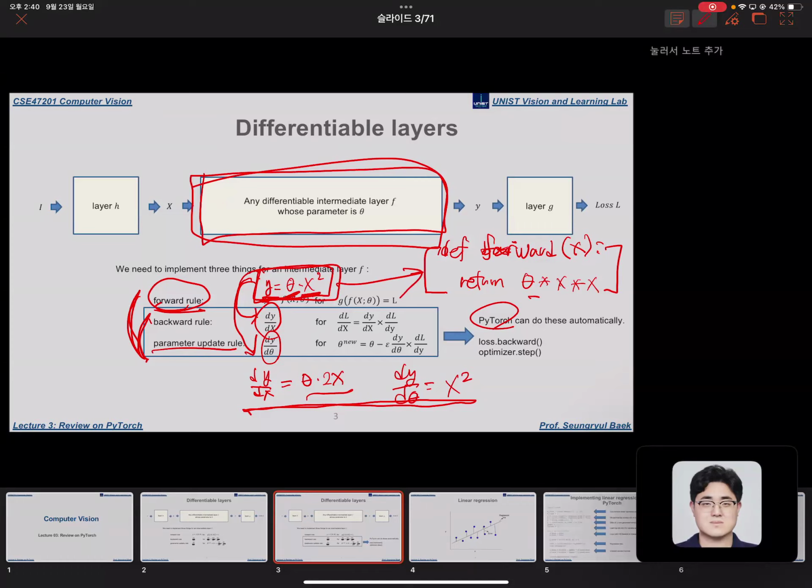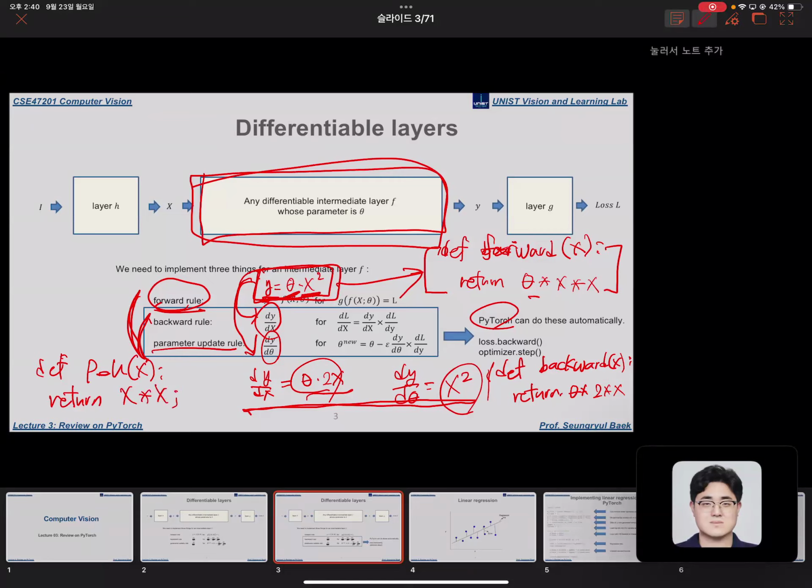And also you have to write the backward rule. Which one is backward? This one is backward. So the gradient vector multiplied by 2 multiplied by x. You have to write down this kind of code, okay? And for the parameter update rule, you have to write down this kind of code by yourself, okay? When implementing forward rule, backward rule, and parameter update rule for that specific layer, okay?